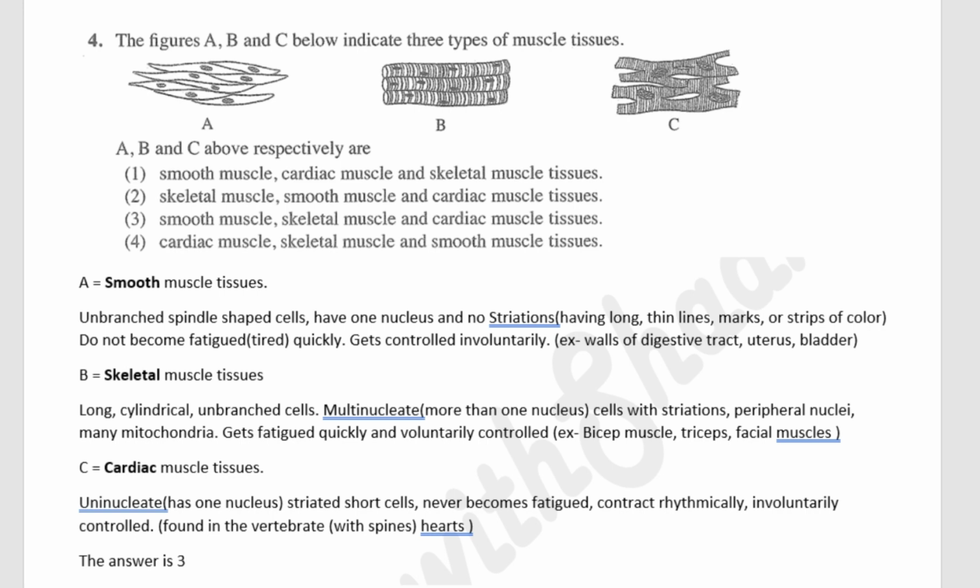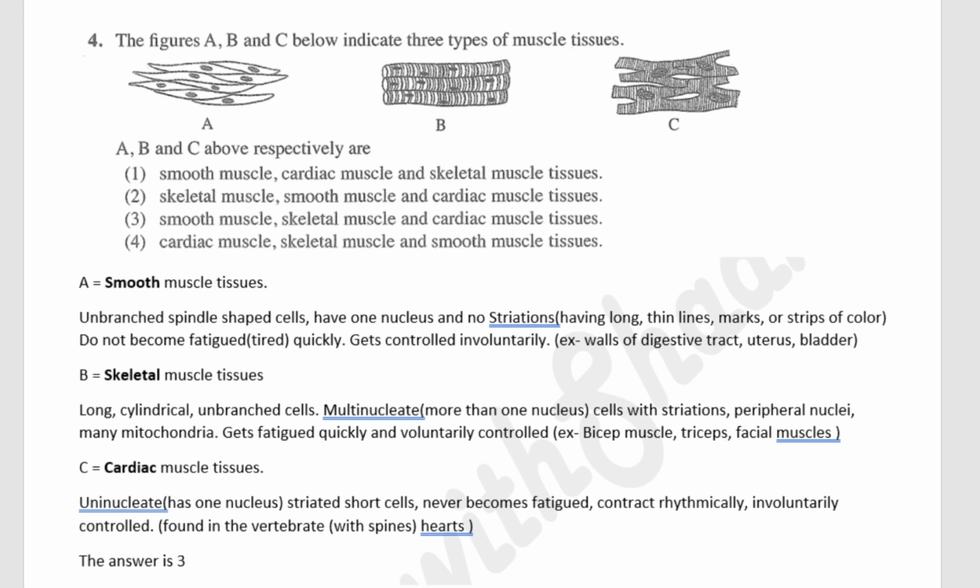Then B, we have skeletal muscle tissues. They are long, cylindrical, unbranched and multinucleate. Multinucleate is a fancy word for multiple nuclei, not nucleus, so more than one nucleus.